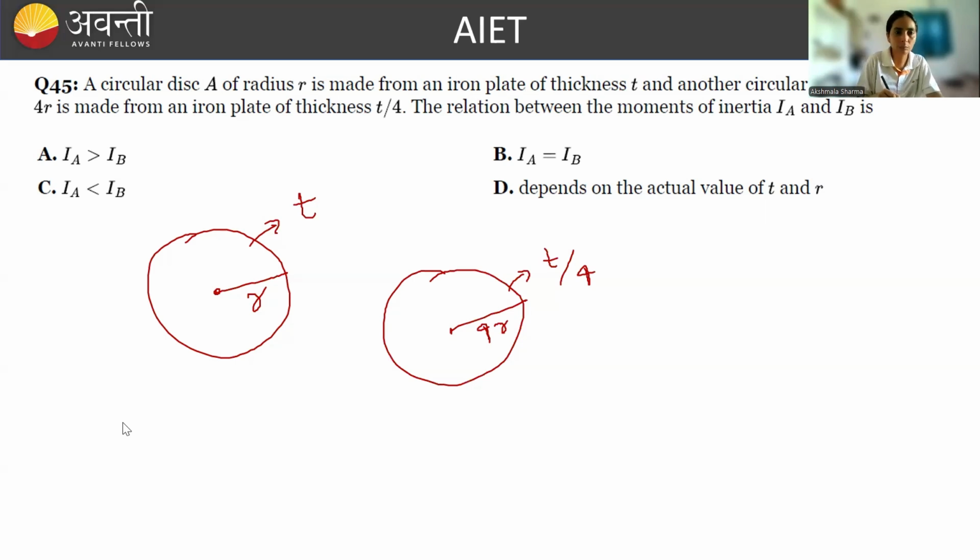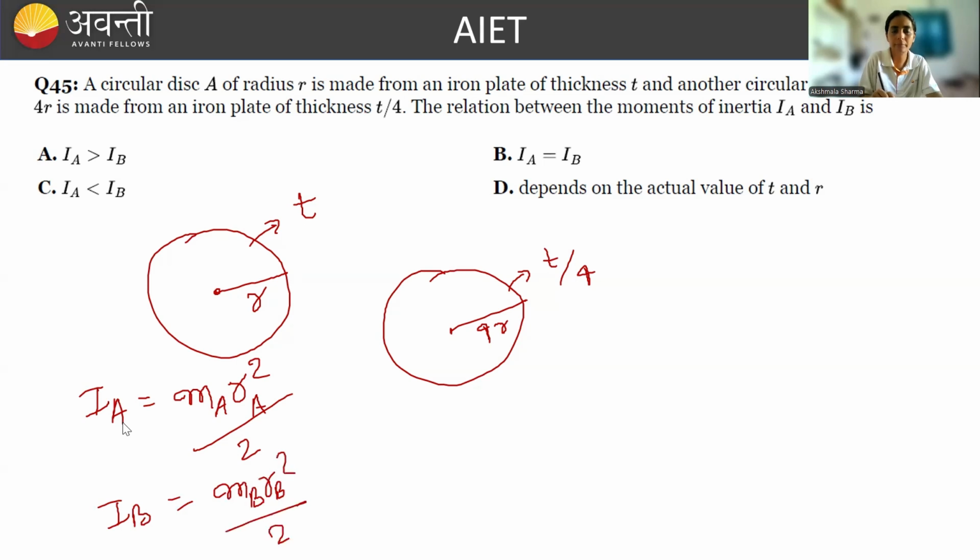You know? So the moment of inertia of A can be written as mass of A times radius of A squared by 2. And the moment of inertia of B can be written as mass of B times radius of B squared divided by 2. If we have to take their ratio, since they are made from similar material, the same iron plate, thicknesses are different but density must be the same because nothing is given about the density.